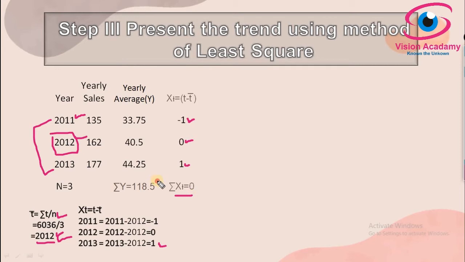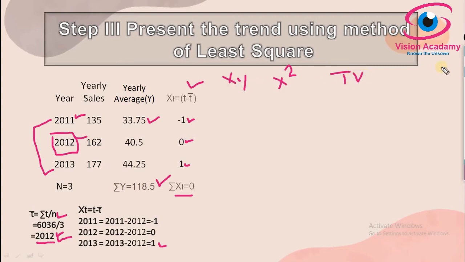One more thing we need to keep in mind: earlier we were concentrating on total values, but in the case of the least square method here we have to concentrate on the average. So hereafter we need to consider the average only. Now we found xt. Now we have to find xy and x square and trend value. These are the necessary steps.